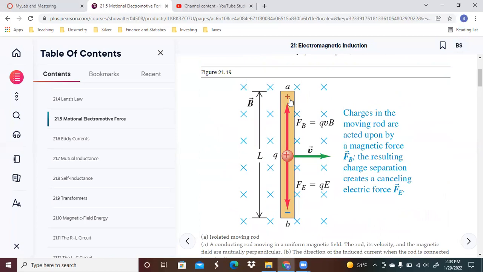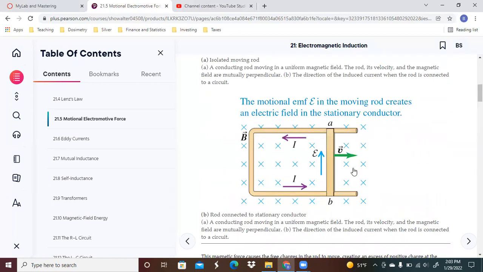Up here, we had an accumulation of positive charge here, and negative charge here. There's no pathway for it to start making motion. Now, if we put the rest of the stationary conductor into its U shape, now we've given it a pathway to start conducting.